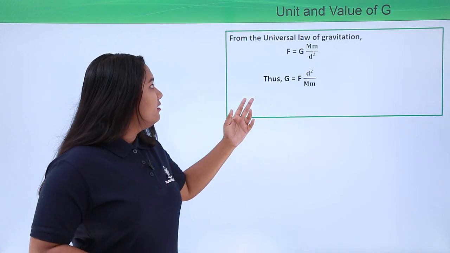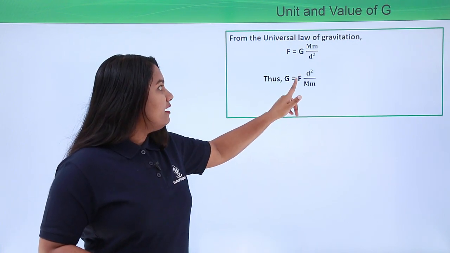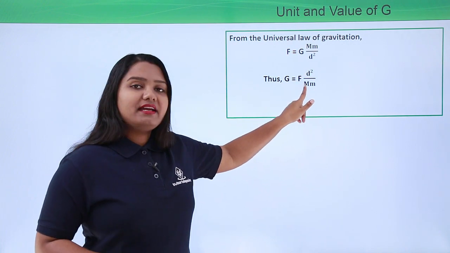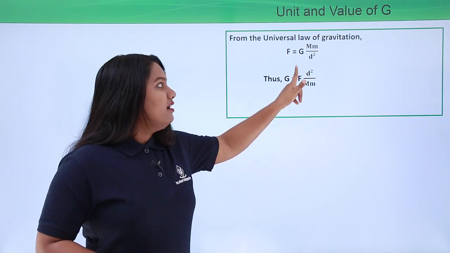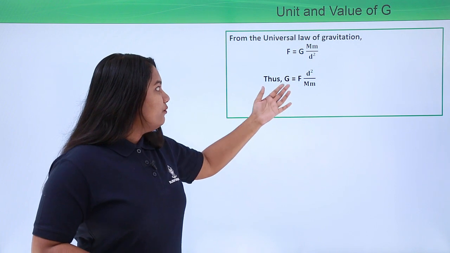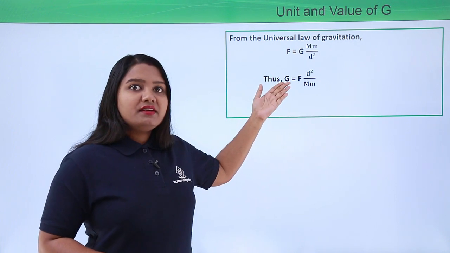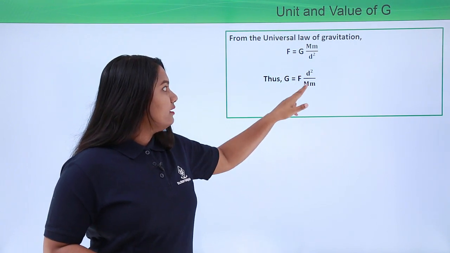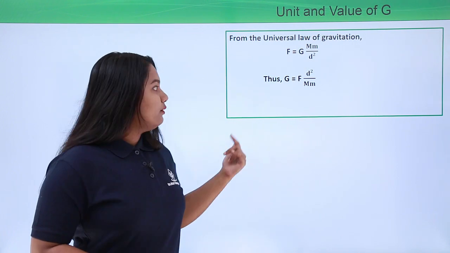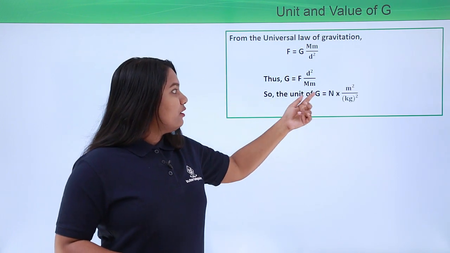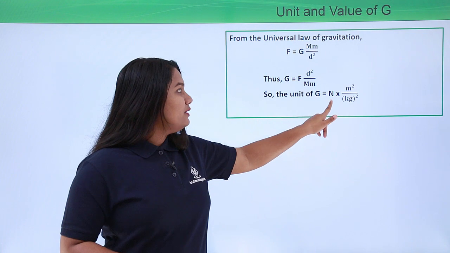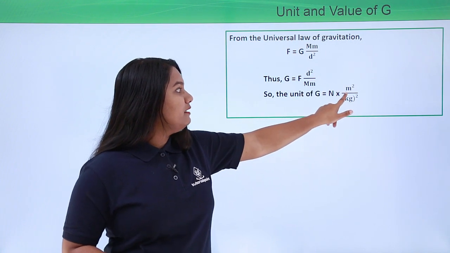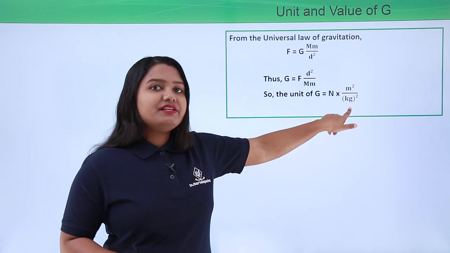So here G becomes F into d squared divided by capital M into small m. Now in this expression, we will be substituting units of these physical quantities in both the sides. So the SI unit of G equals Newton multiplied by meter squared divided by kg squared.